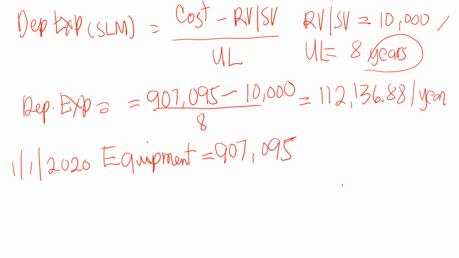So that is 1 million times 0.9. So our payable is 900,000.